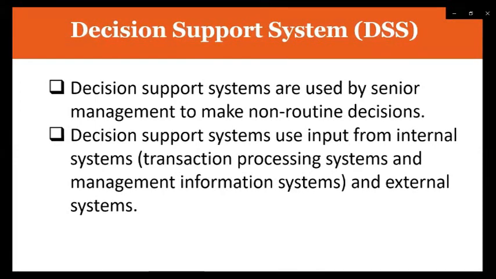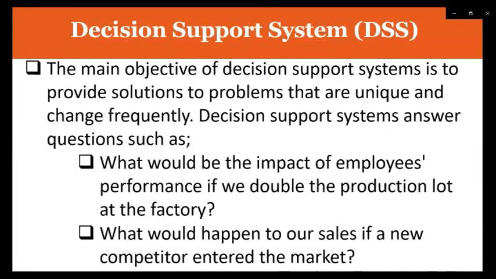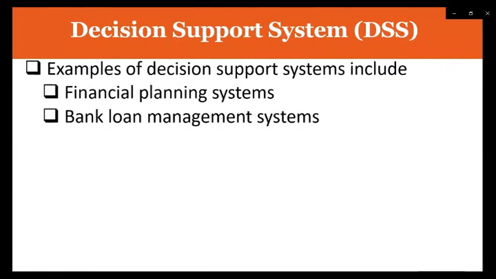So the decision support system uses sophisticated mathematical models and statistical techniques to provide solutions, and they are very interactive. Okay, so examples of the decision support system, we have the financial planning system. It enables managers to evaluate alternative ways of achieving goals.